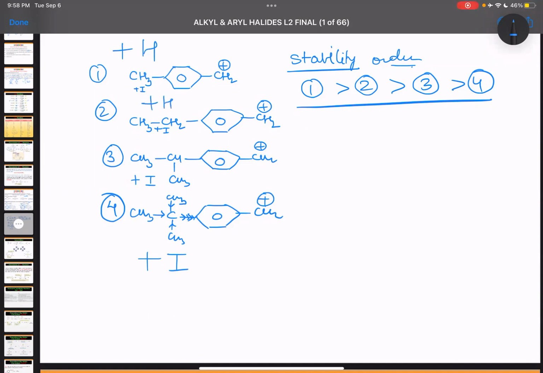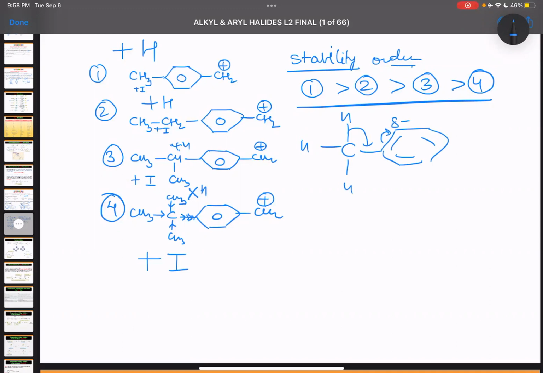Remember, we discussed hyperconjugation and no hyperconjugation. Remember that we discussed hyperconjugation. Yes, sir. The sp3 electrons are available for resonance, and get involved in delocalization with the adjacent pi.